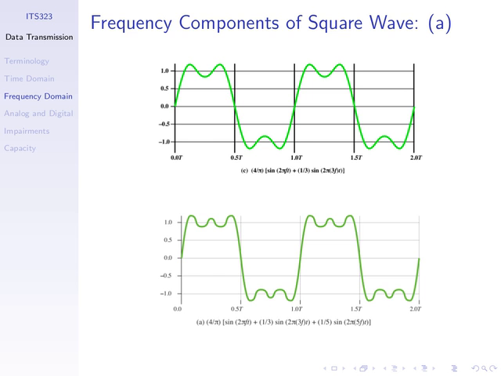F at 1 megahertz, using this equation, it'll be sine 2 pi 1 million t, plus 1/3 sine 2 pi 3 million t, plus 1/5 sine 2 pi 5 million t.